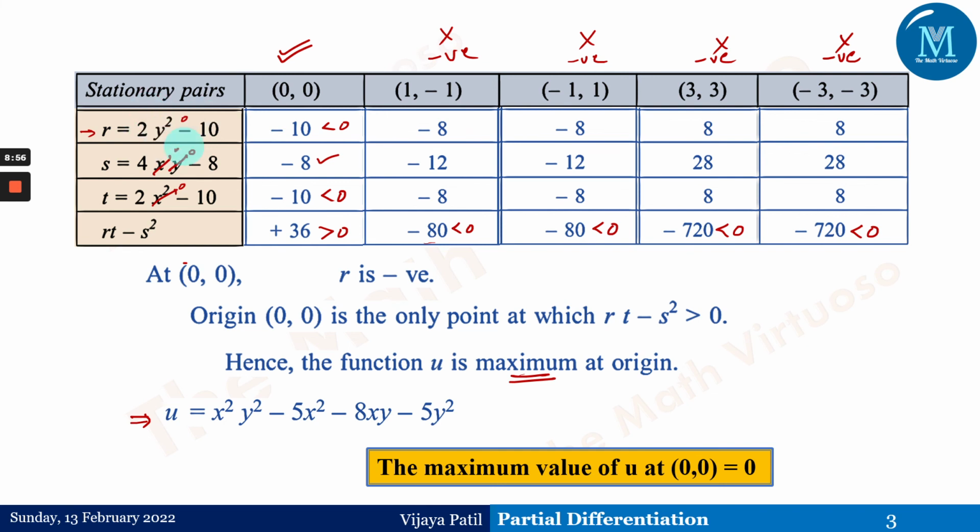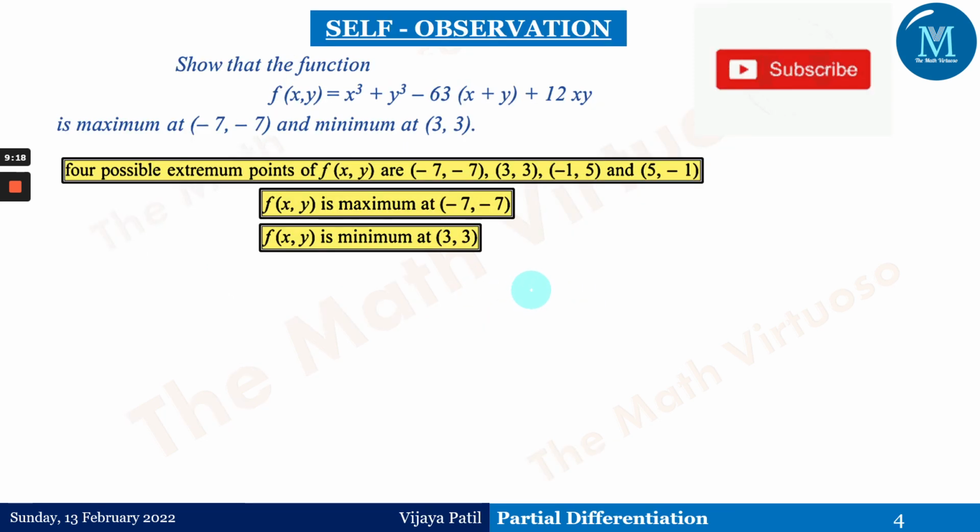Do it this way so that it can be done for all the different pairs of this equation, because the R, S and T expressions remain the same for all the pairs, but their values change according to the x and y pair. That's the reason we can have these decision-making statements in the tabular form as well.